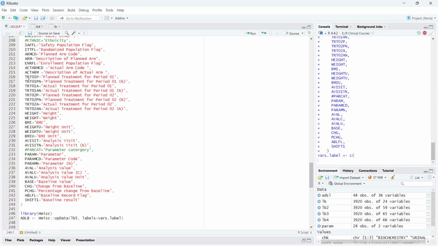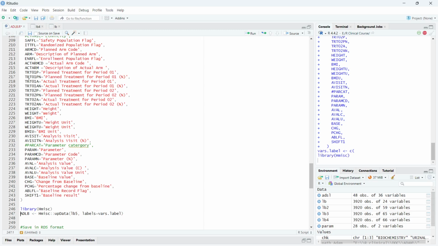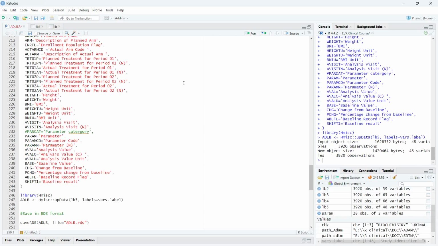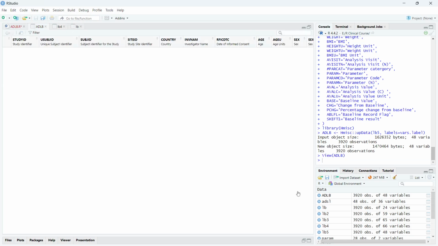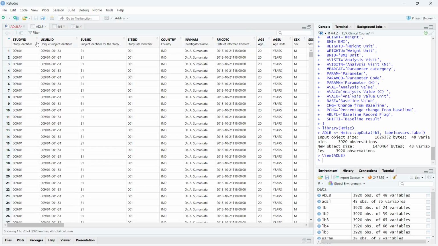We call that library, then we updated the labels. When you check the final dataset ADLB, we will have almost 48 variables, and we'll have the labels for the individual variables.